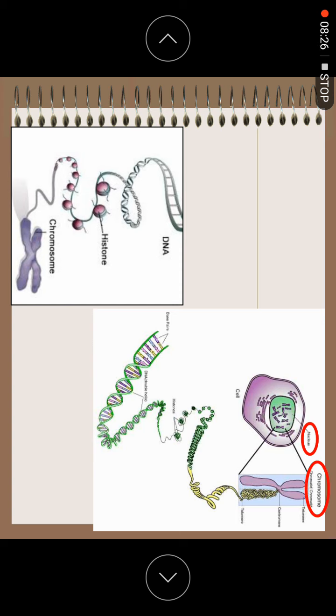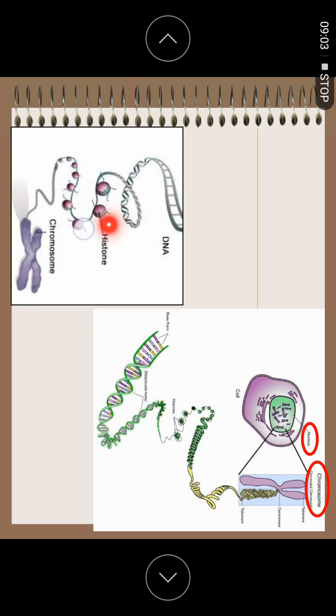Now, chromosome is something like this. If you zoom in here, it is made of DNA. You have learned this: DNA is a nucleic acid, deoxyribonucleic acid. This has the bases C, G, A, T, and this sequence is our genetic code. These genetic codes are curled up in a double helix. To hold this double helix, we have a protein called histone.